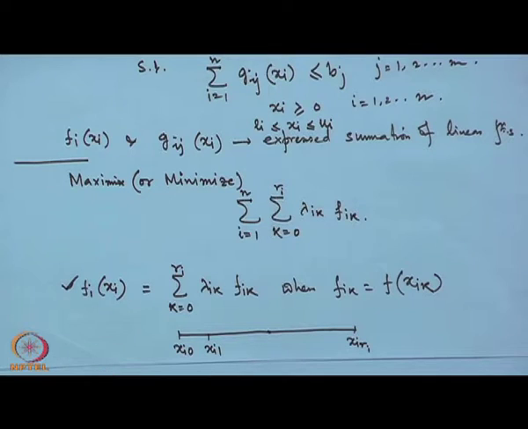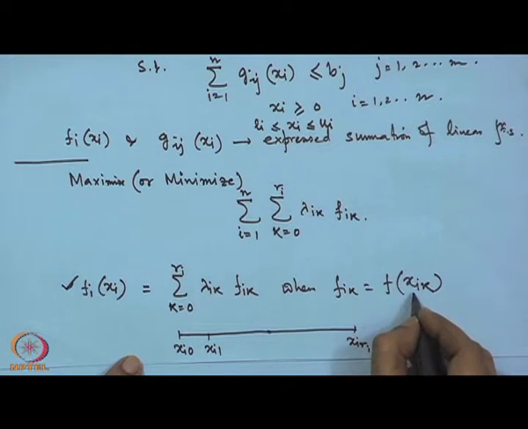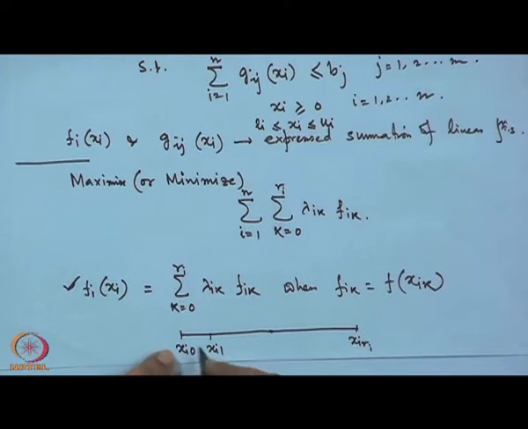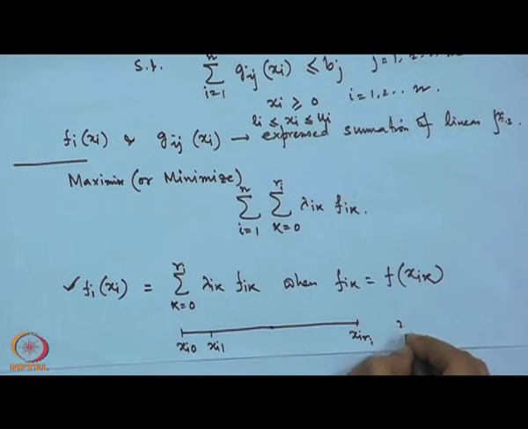Not only that, the partition may not be equally spaced. It could be unequally spaced as well depending on the nature of the function. Thus, instead of partitioning the range of xi, we are partitioning with Ri plus 1 number of grid points. Okay?